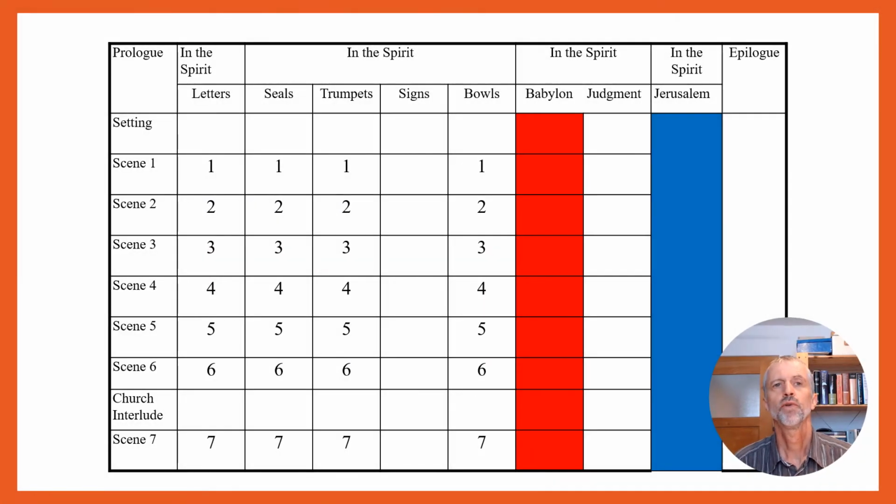This leaves us with the columns Babylon and Jerusalem, 2 cities that make a strong contrast toward the end of the book. The description of Jerusalem is not divided. This is the consummation, the eternal state. The structure has evaporated. It does contain the number 7.